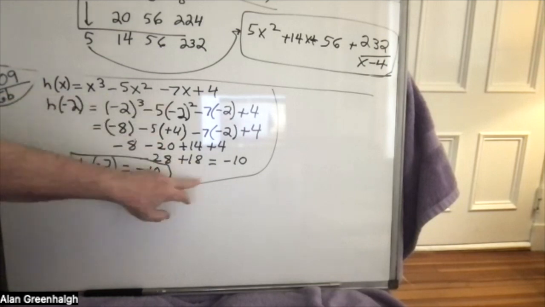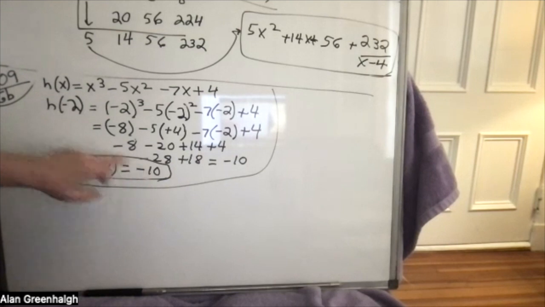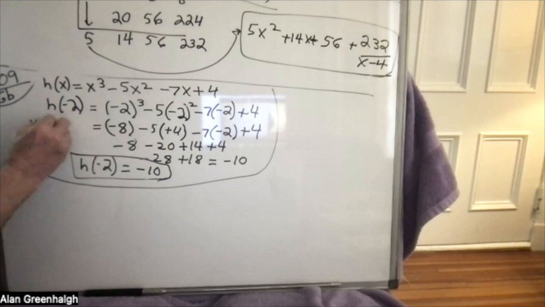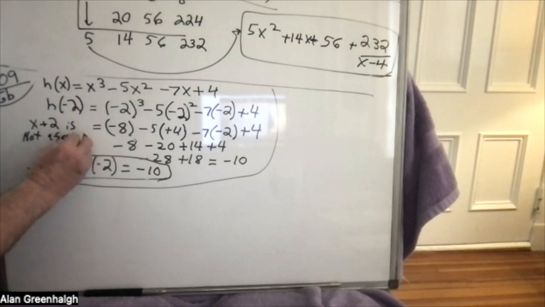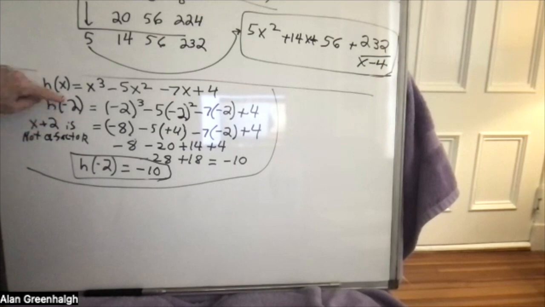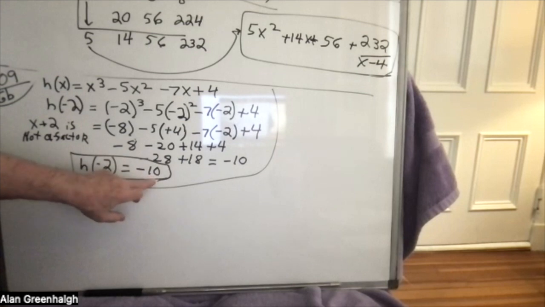And if there's a remainder, it means that x plus 2 is not a factor. If you remember from last week, the factor theorem is that if you substitute this and it comes out to 0, then x plus 2 is a factor. But it comes out to a remainder, which means that x plus 2 is not a factor.